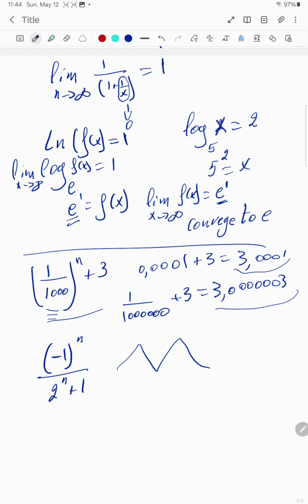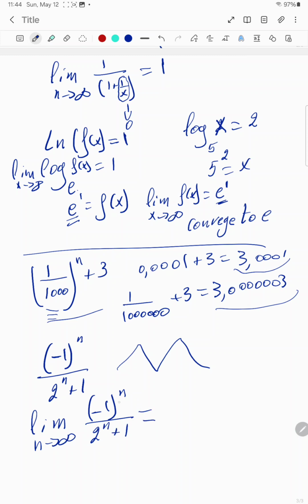So if it is strictly descending or strictly ascending, we say it's a monotonic series. But if it is not strictly ascending or not strictly descending, we say it is not monotonic. But if I want to study this series, if I want to find the limit of that series when n goes to infinity of (-1)^n over 2^n plus 1.